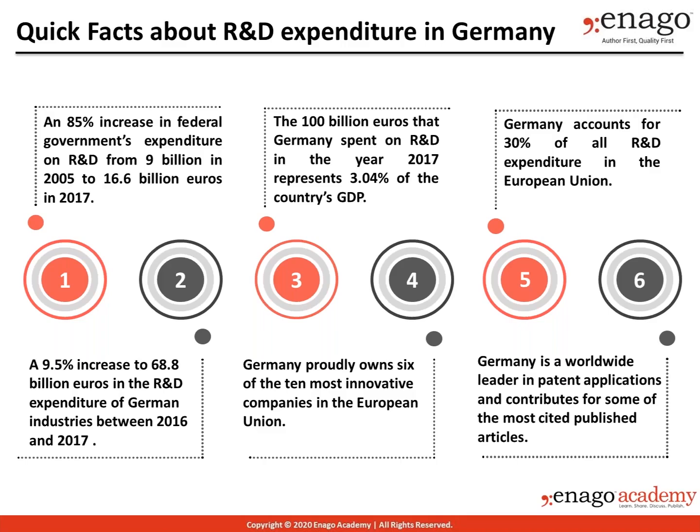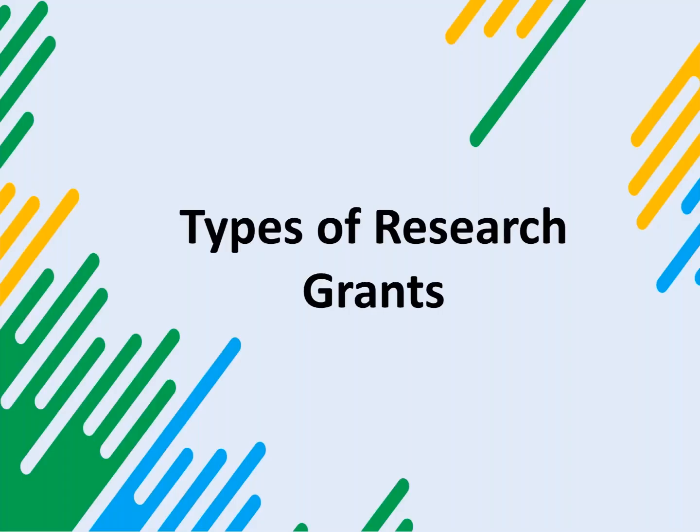So there's a real cycle there of research levels resulting in innovation. It's the biggest economy in the EU, so this also translates to the biggest research budget. It's a world leader in patent applications, and it has a high level of cited articles, some of which will be in German, I think particularly in chemistry. There's a really strong tradition of German language chemistry publishing, but also in many other subjects as well. Next slide.